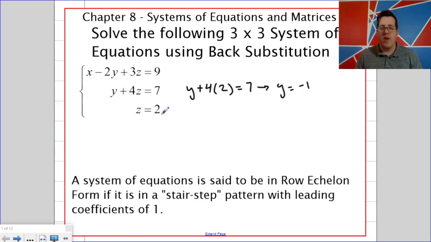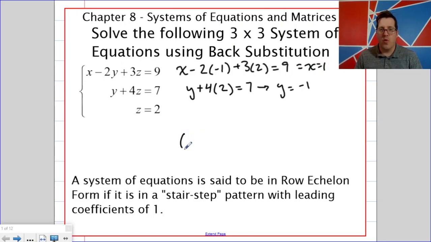From the second row and the third row, I can tell that y equals -1. And when I back substitute that into the first row, I get that x equals 1. My solution to this system of equations is an ordered triple, x, y, and z equal 1, -1, and 2.